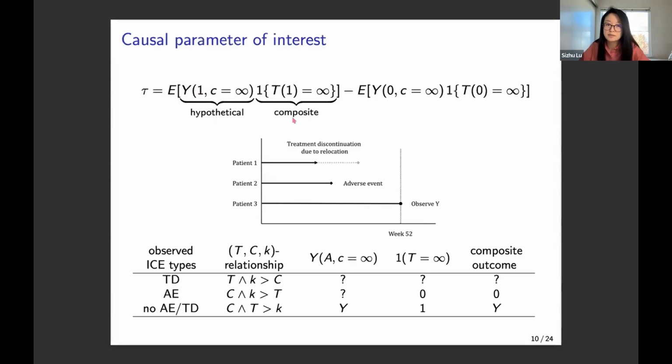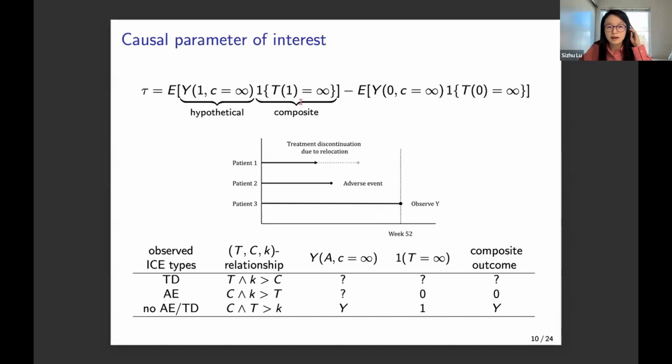And the second part corresponds to the fact that we are using the composite outcome strategy to deal with the effect informative intercurrent events. So again, remember that these effect informative events, we treat them themselves as an indicator of whether the treatment has a success or failure of effect.